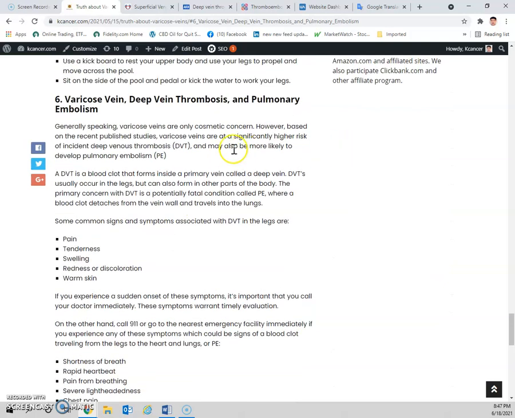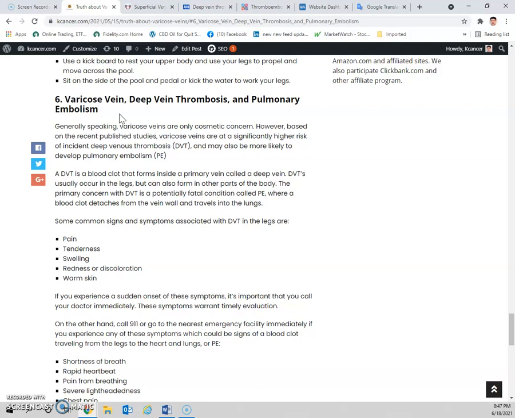Just in case you don't know, thrombosis means clot. So we're going to talk about varicose veins and deep vein clots. A deep vein clot most likely can lead to pulmonary embolism, which means a clot in the lungs blocks the blood vessel in the lung.